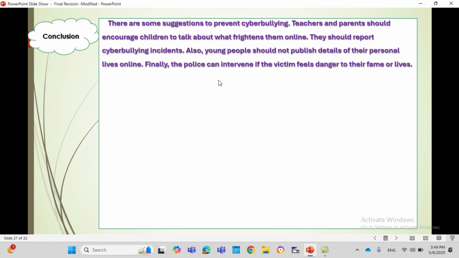The police can search, and we have here, as you know, a cyber crime department in the Ministry of Interior. They can interfere or intervene if the victim feels danger to their lives or fame.